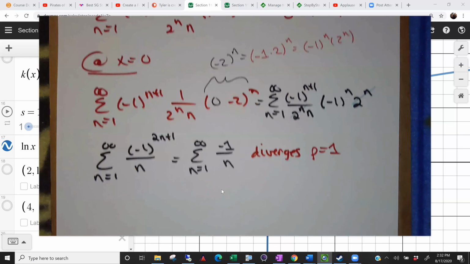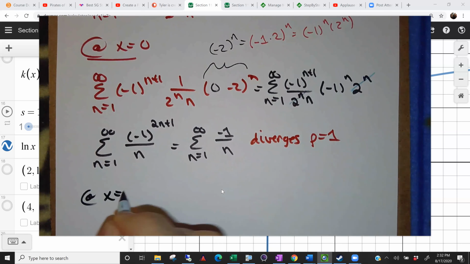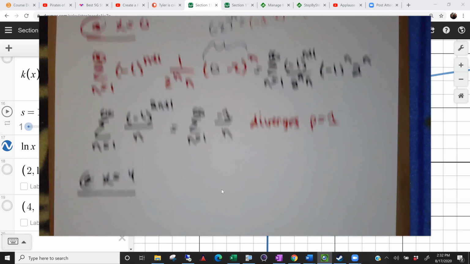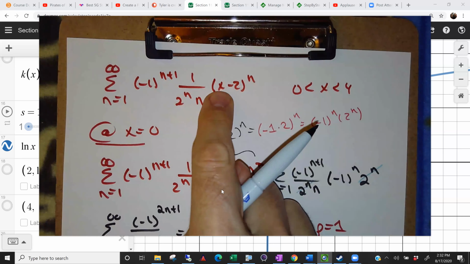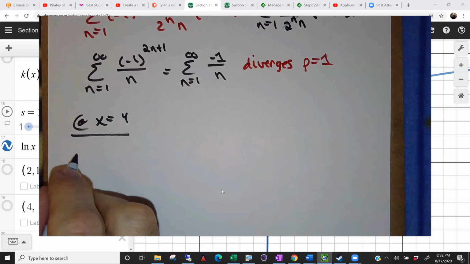Let's test at the other endpoint. So at x equals 4, let's see what happens there. I'm going to plug 4 in for x. I'll get 4 minus 2, which is 2 to the n. And let's just see what happens.